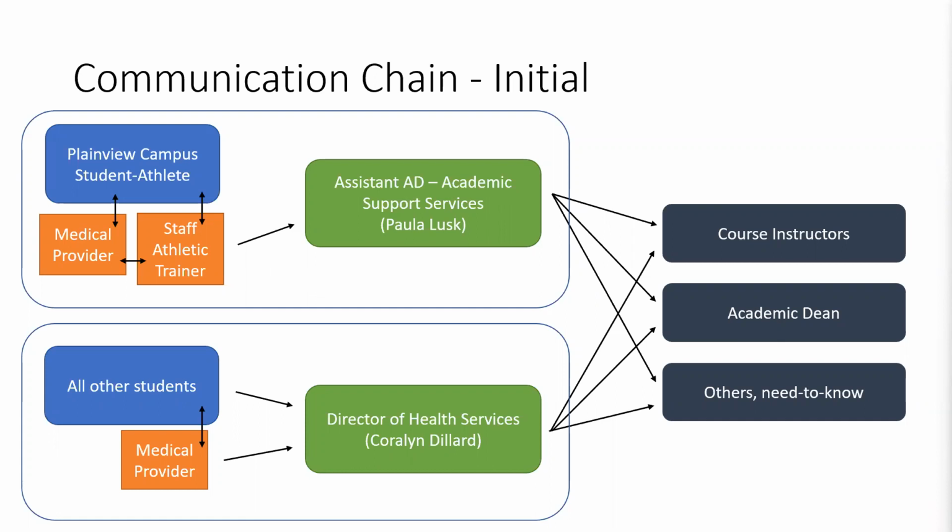Starting with the first group, once the athletic trainers have that necessary information, that will typically occur on the same day as the injury, they're going to inform the Assistant AD for Academic Support Services, again, Paula Lusk. She will forward that information to the athletic director, to Coraline, the course instructors, the VPAA, Rosemary Pegram, and any others who need to know, depending on the unique needs of that particular student.